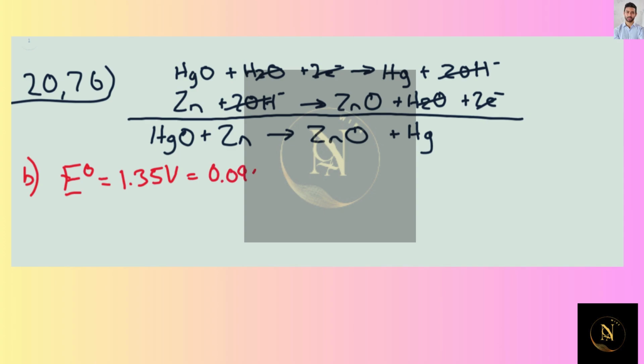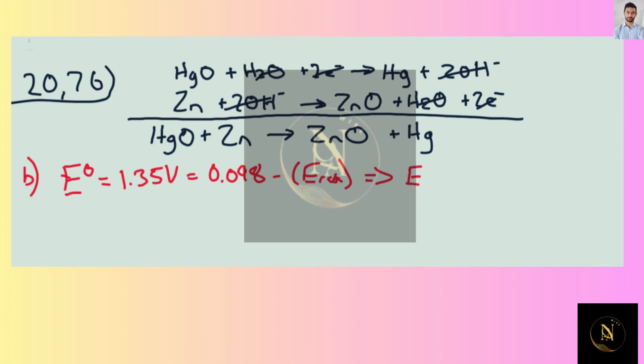So we have E standard equal to 1.35 volts, which is equal to the reduction at the cathode, which is 0.098, minus the reduction at the anode.